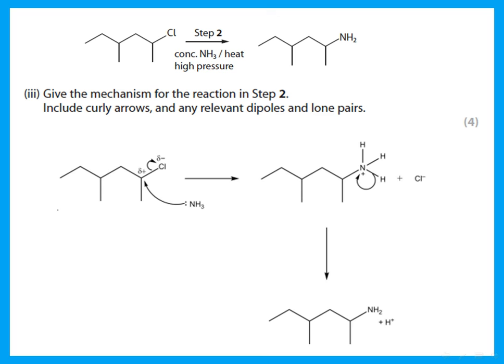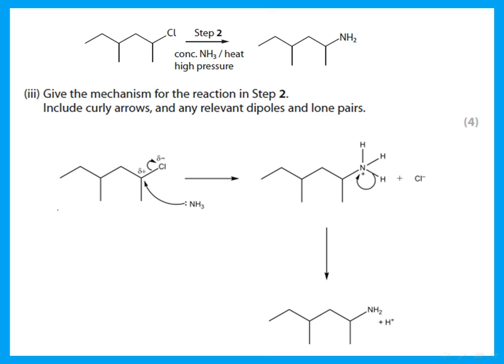The ammonia has a lone pair of electrons. The C-Cl bond has slightly positive on the carbon and slightly negative on the chlorine. So the lone pair of electrons from the ammonia will attack the slightly positive carbon, and the electrons in the bond will go to the slightly negative Cl.